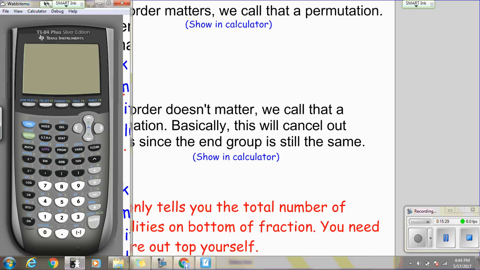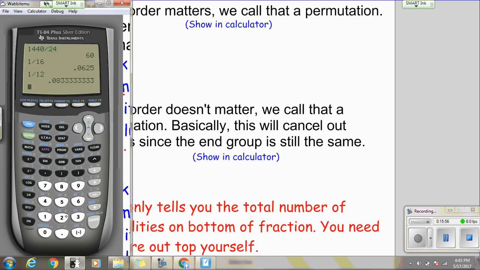For permutations, make sure your calculator is on. You would go to Math, Probability, which is PRB, and Permutation is option 2. I believe on this calculator you have to tell it the total number and how many you want to pick. So let's try it.